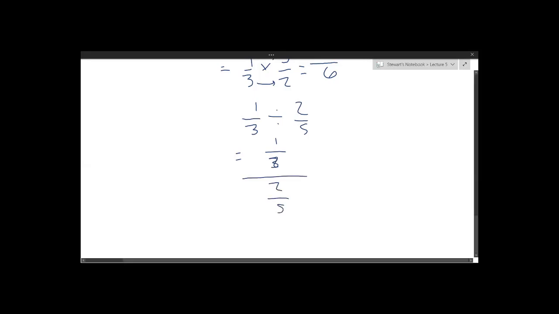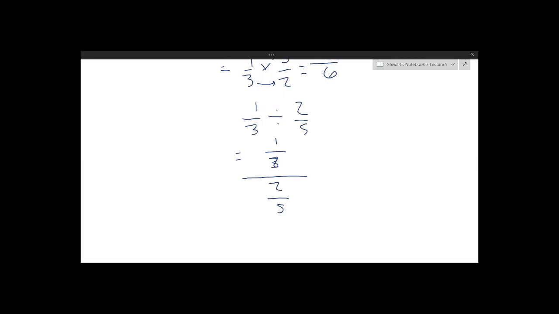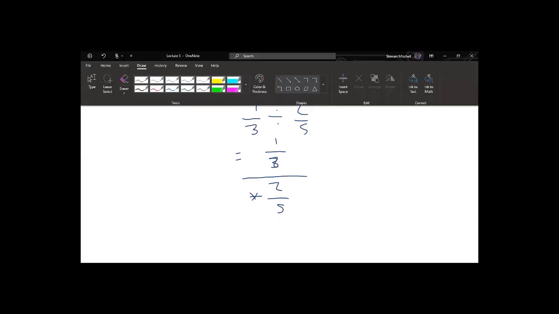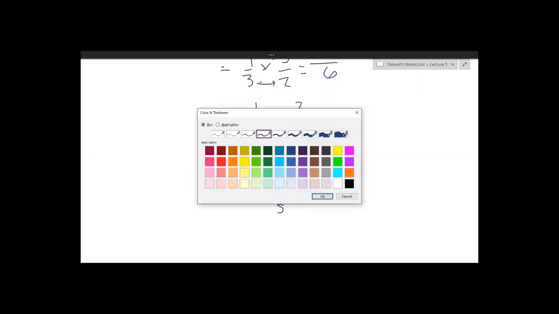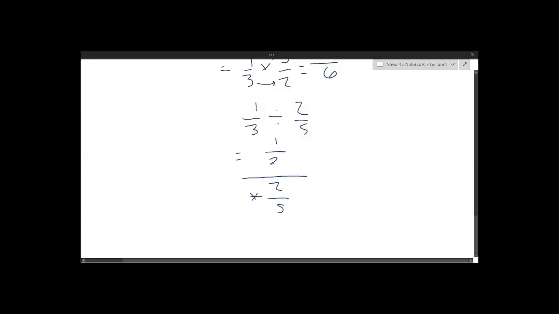Now, in order to get this fraction 2/5 out of the denominator, you'd have to employ the same logic we did when we were adding and subtracting to create a common denominator. Sorry, let me fix that 3 because it's a little hard to see.